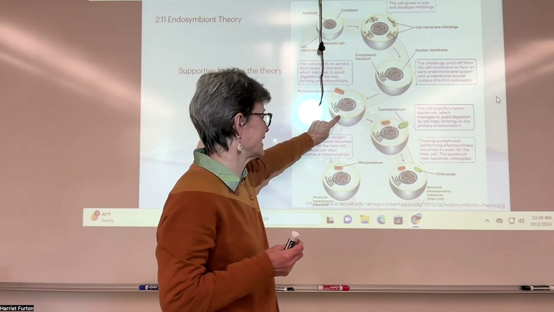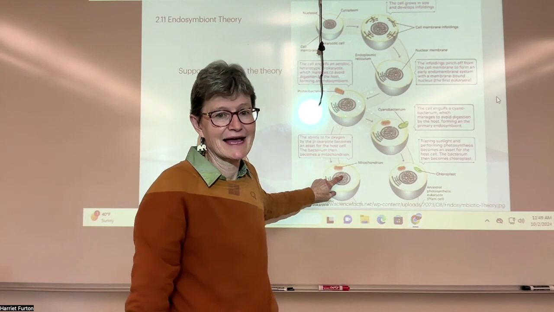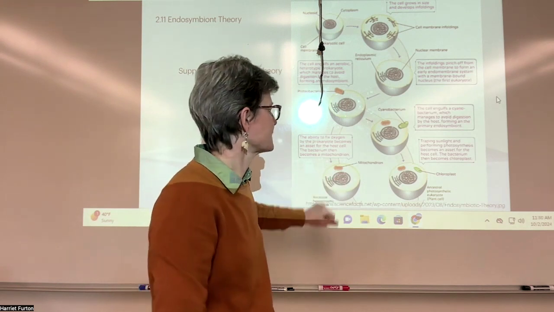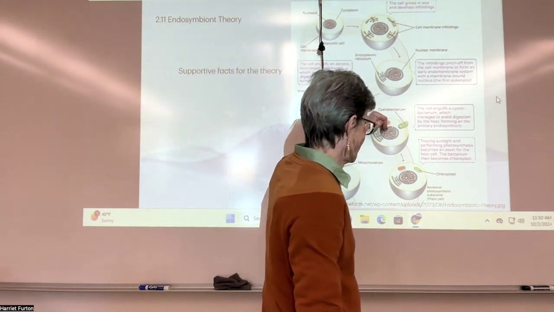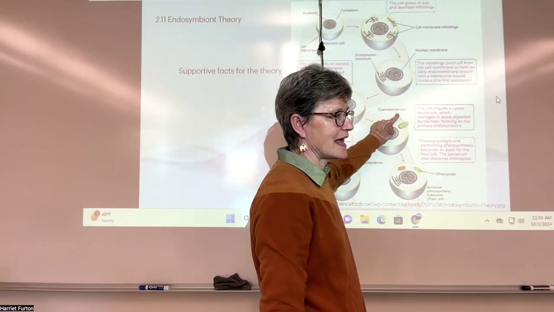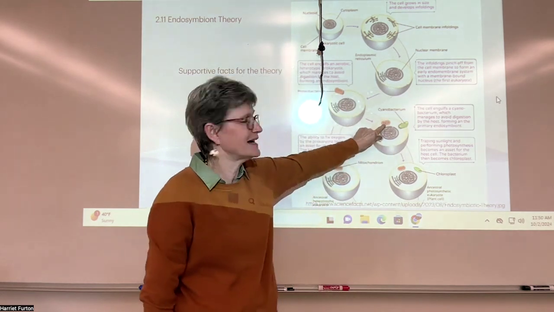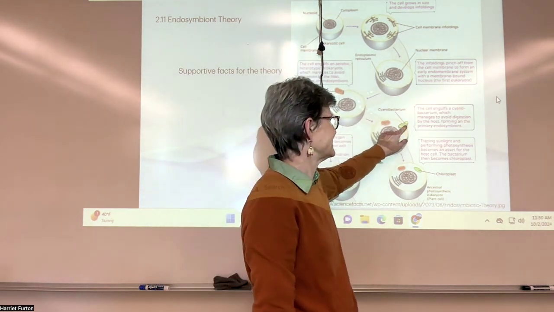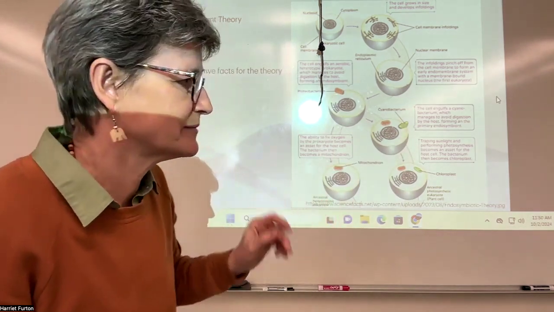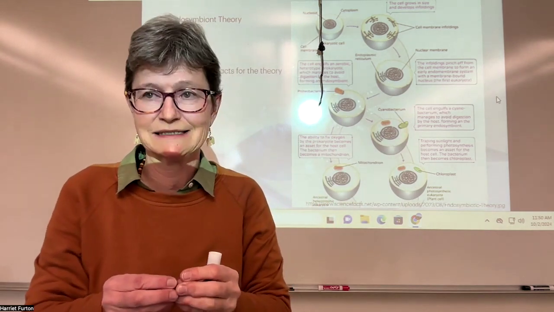This gave rise to the heterotroph cells. On the other hand, there was another endocytosis, when the cell, which already had the mitochondrion inside, ate a cyanobacterium. The cyanobacterium is a bacterium that can do photosynthesis.